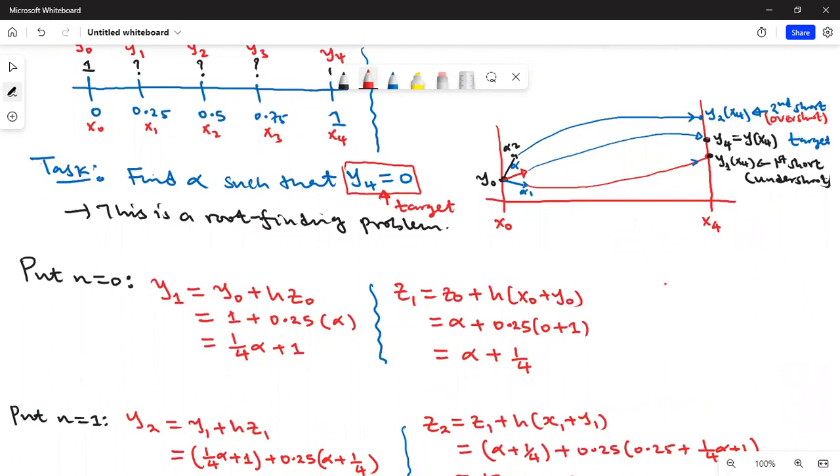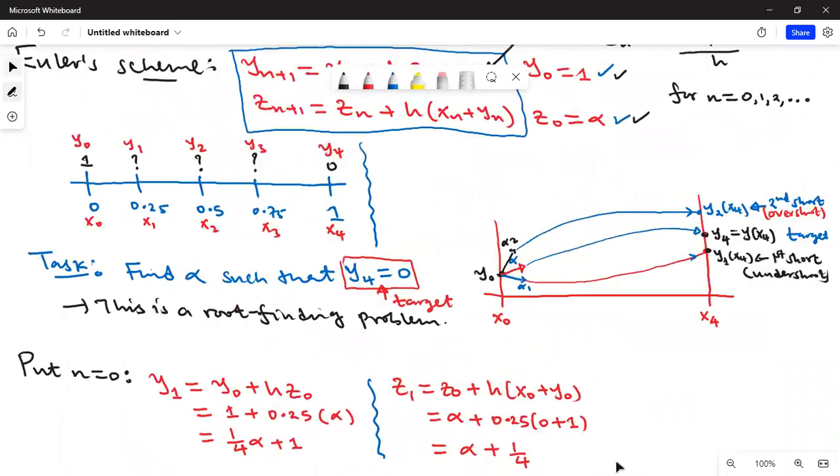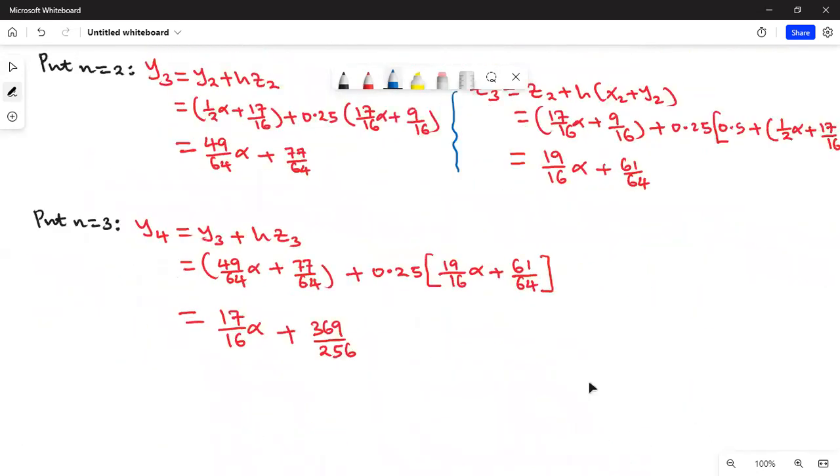So, what was the target? That Y4 must be 0. So we can go back and comment here because we said the target is that the value of Y4 that we are finding, you check from the diagram, we need the value to be 0. So let's go back and work it out.